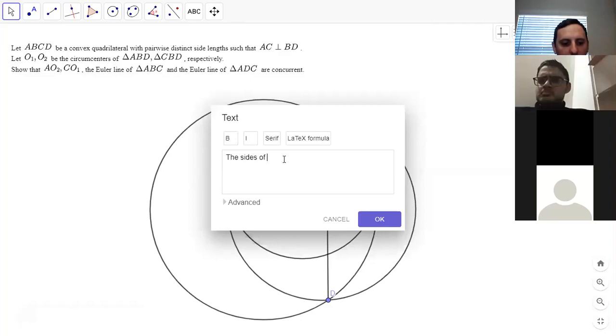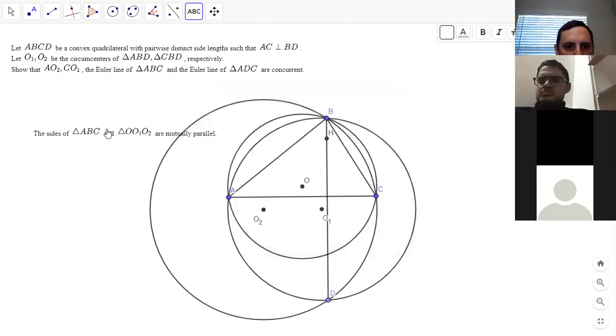So the sides of AHC and O1, O2 are mutually parallel. So yeah, you could use Desargues' theorem.